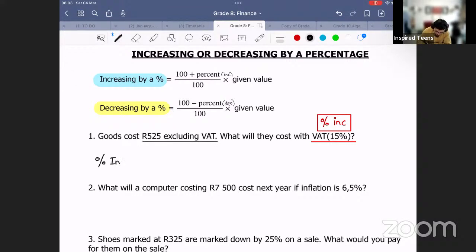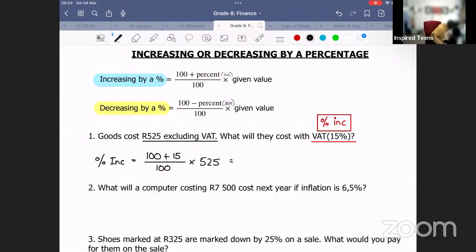I'm going to follow this formula: 100 plus what percent am I increasing by? VAT is 15%. I'm not going to put the percent sign, I'm just going to put plus 15, because dividing by 100 allocates for that specific percentage. 100 plus 15 over 100, multiplied by the given value, the amount we are increasing by that percentage: 525 Rand.